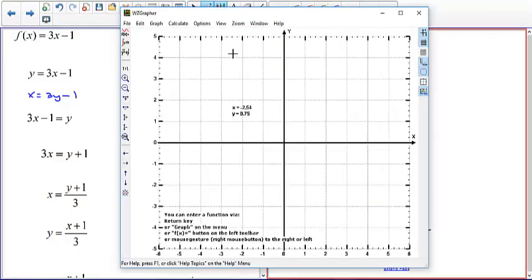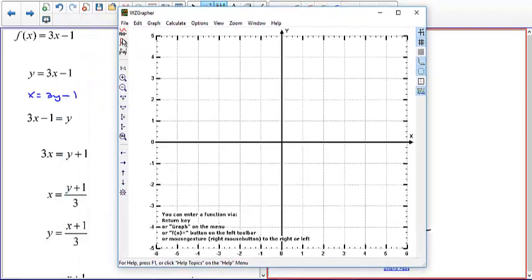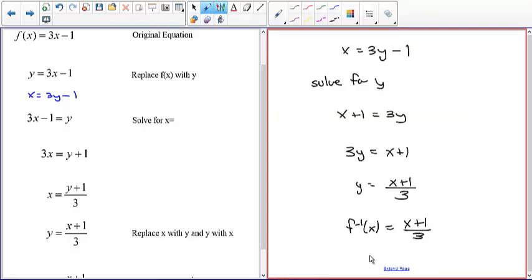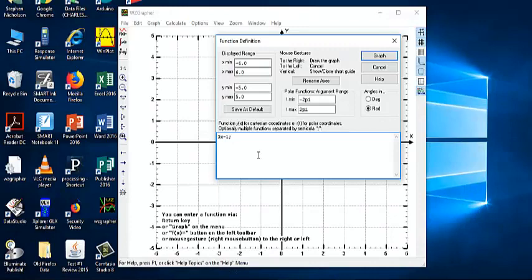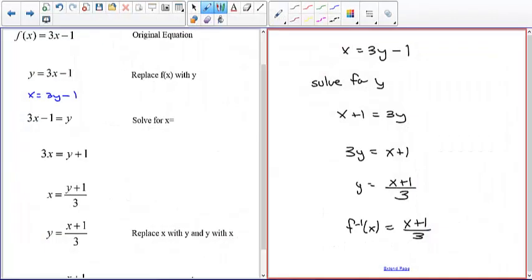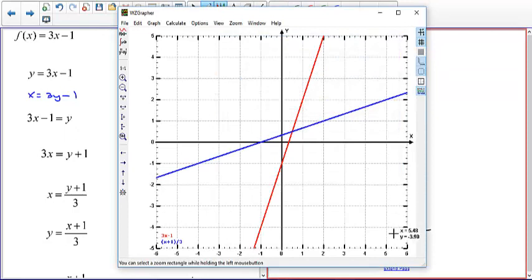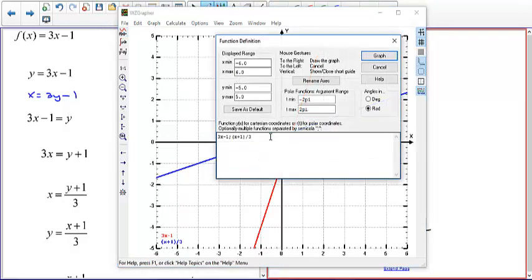So we plot the first function, which is the original function, 3x minus 1, and then we plot the inverse function, which was (x plus 1) divided by 3. I'm just going to change this shape a little bit so it's pretty close to a square. And then the final thing is I'm going to plot that diagonal line, y equals x.